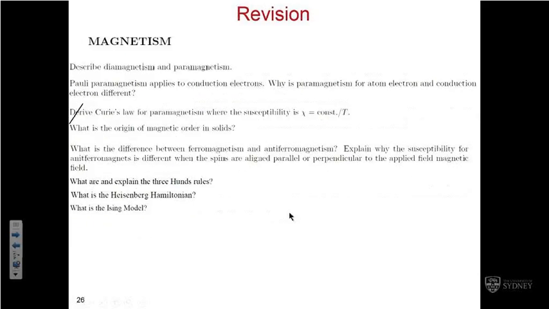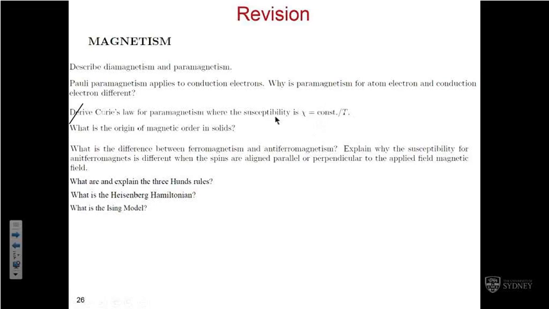Yeah, magnetism. We spoke a bit about diamagnetism and paramagnetism. There were 2 types of paramagnetism. Remember, one that was related to the core electrons, and the Pauli paramagnetism, which was related to the free electrons. And then we showed Curie's law, and it had the form: the susceptibility is equal to a constant, Curie's constant, over T. You don't need to derive it, but you should be familiar with it.